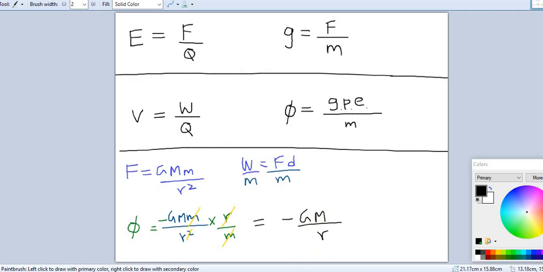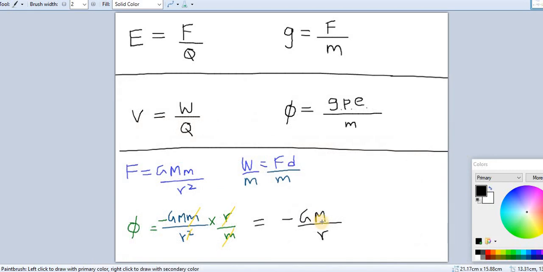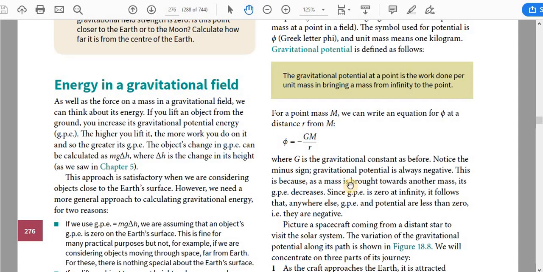So when you simplify, you get this equation, which is what you have here. That way you understand why the definition is gravitational potential energy divided by unit mass, but gravitational potential is given by this. So this is where you can remember it. All right, we'll continue.